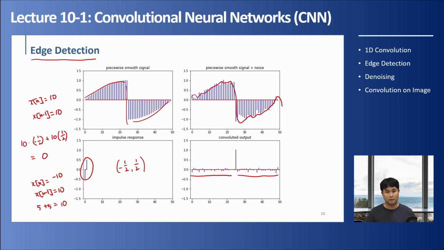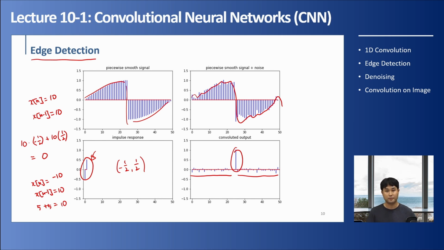Implying that for an abrupt change in the signal, we are able to detect these through this particular kernel. So this, as a matter of fact, shows up as an edge or an abrupt change in the original or corrupted signal. And this is an example of how convolution can be used to extract certain meanings or features from the original signal.